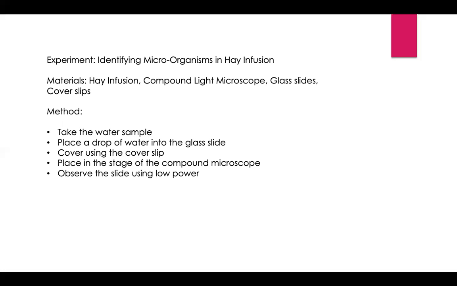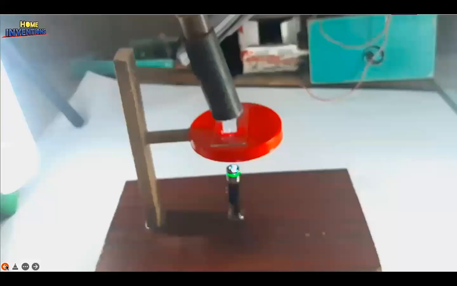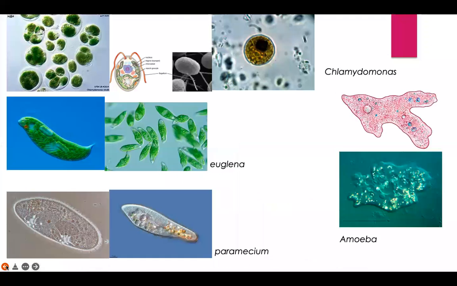Okay, so let's remember these shapes, right? This will not be asked in your examination, but just remember the shapes of these. This is very important. So amoeba, chlamydomonas, euglena, paramecium, these are protozoa.